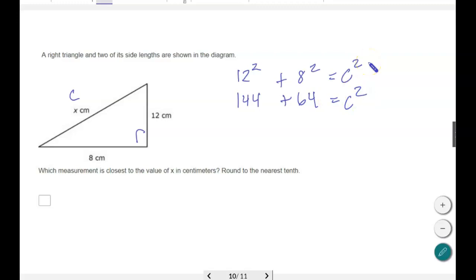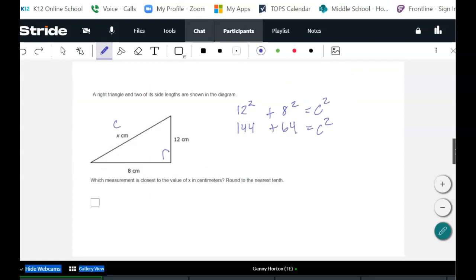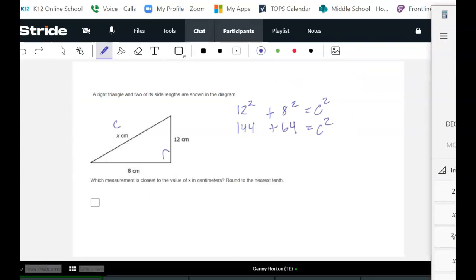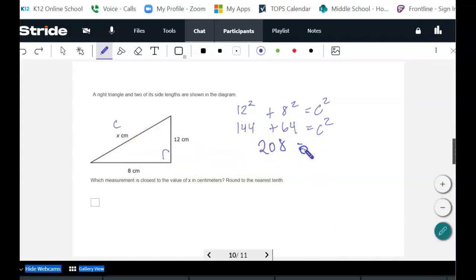And then you're going to add those together and then do the square root. All right, so use your calculator. You add 144 plus 64. You get 208. And that is C squared. So do the square root, and we're going to round it to the nearest 10th.